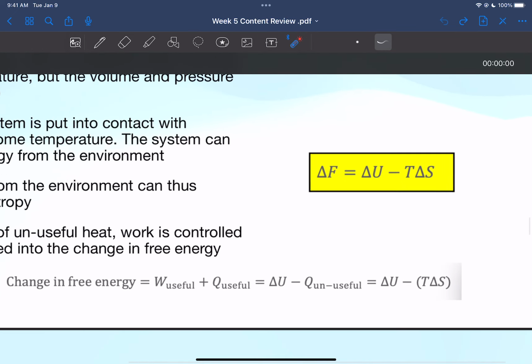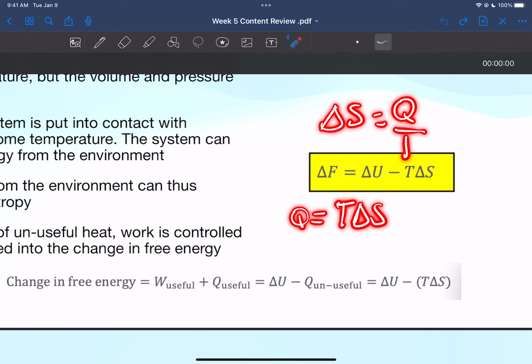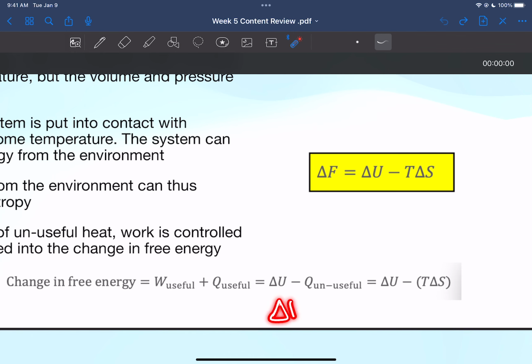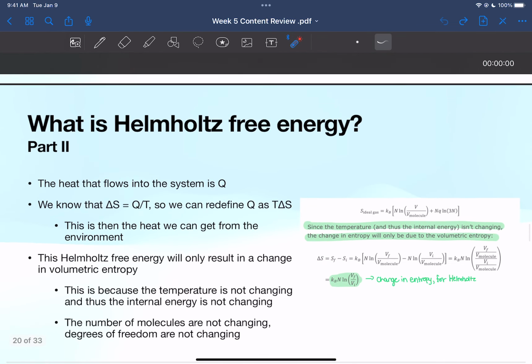That's where we get the term minus T delta S. It's minus that Q, where Q equals T delta S, because delta S equals Q over T. If you multiply over the T, T delta S gives you Q. So you take delta U minus T delta S, and then you're golden.